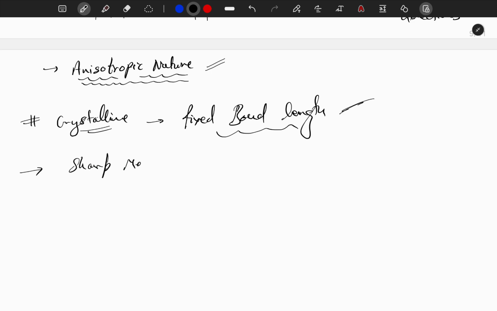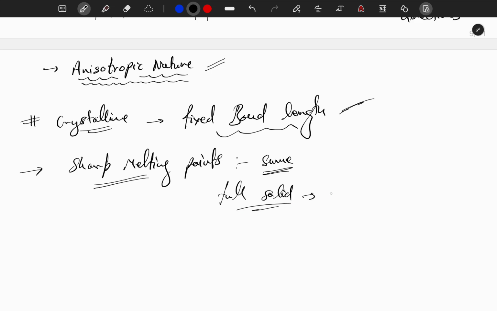Sharp melting points. So all the crystalline solids melt at the same temperature, which is characteristic of that material. The full solid will melt at the same temperature, the same melting point.